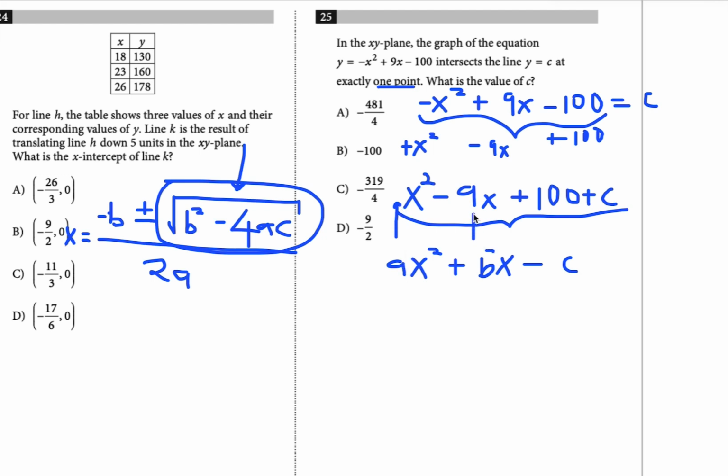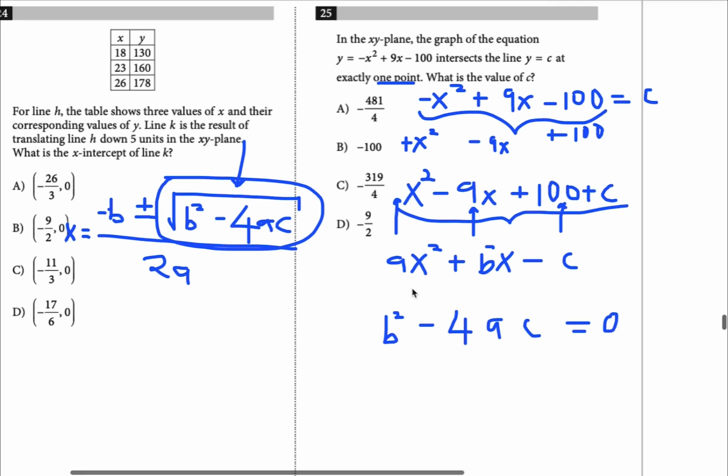Whatever the coefficient for the x term is, that will be b. And whatever the constant is, that will be c. Going along with that, we're using the discriminant, so it'll be b squared minus 4ac, and we set this equal to 0. And then we plug in values.